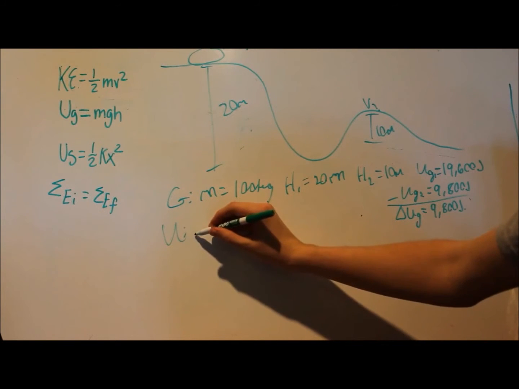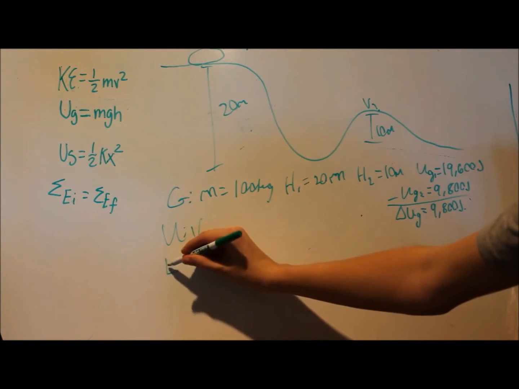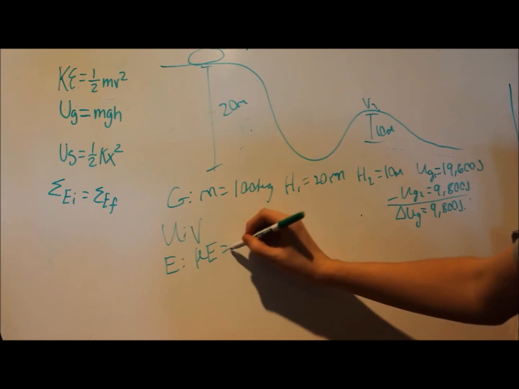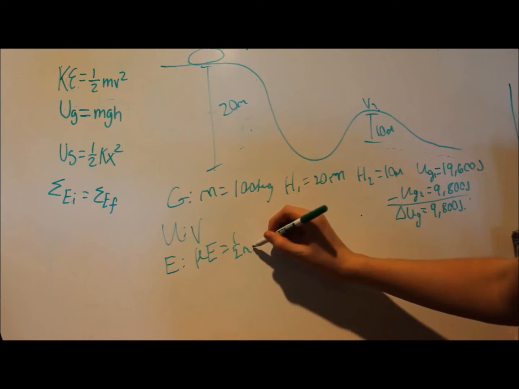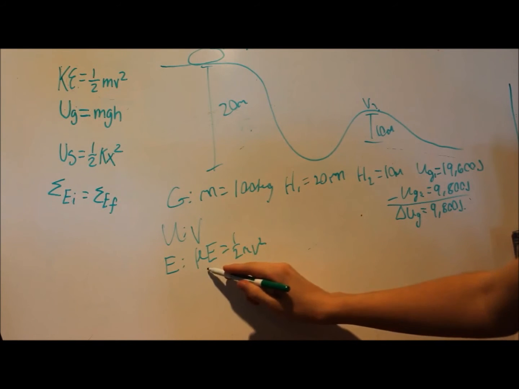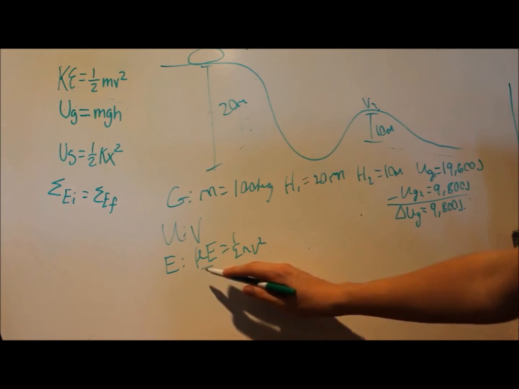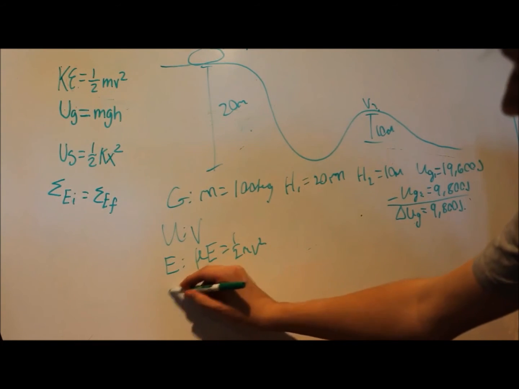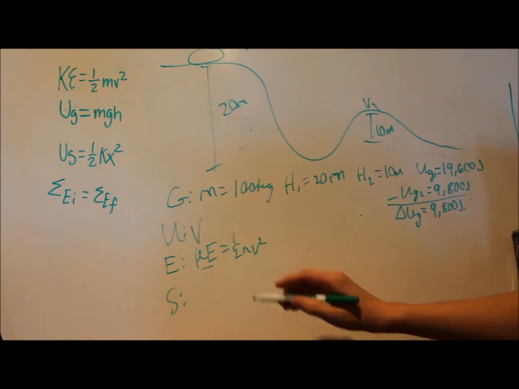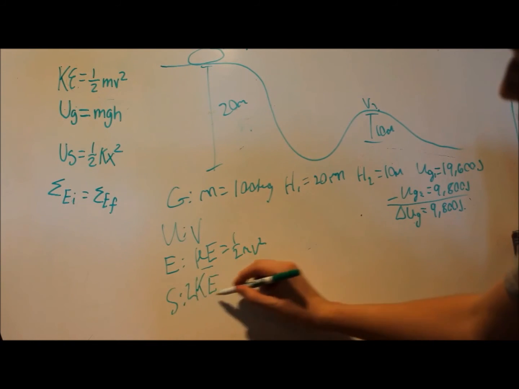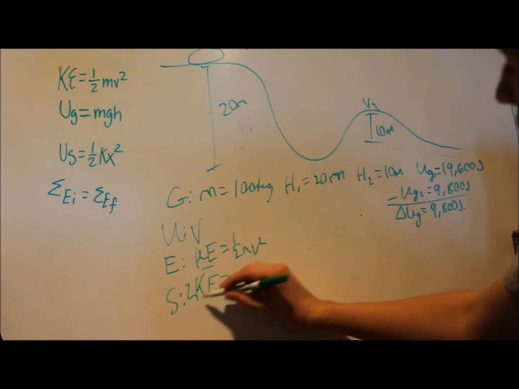So our unknown right now is velocity, and the equation we're going to use is KE equals 1/2 mv squared, because all the potential energy is going to be converted into kinetic energy. And we need to change the equation to solve for velocity.